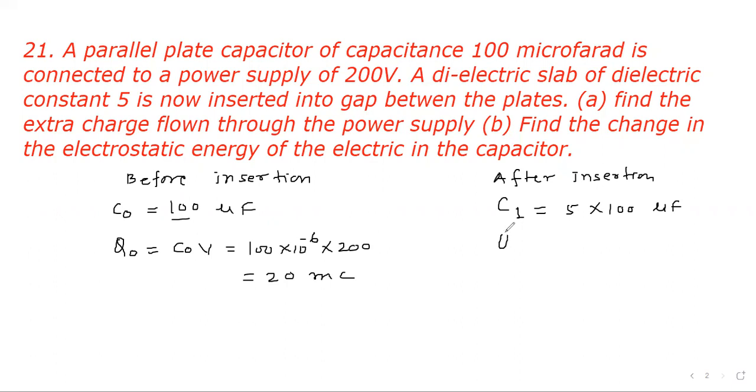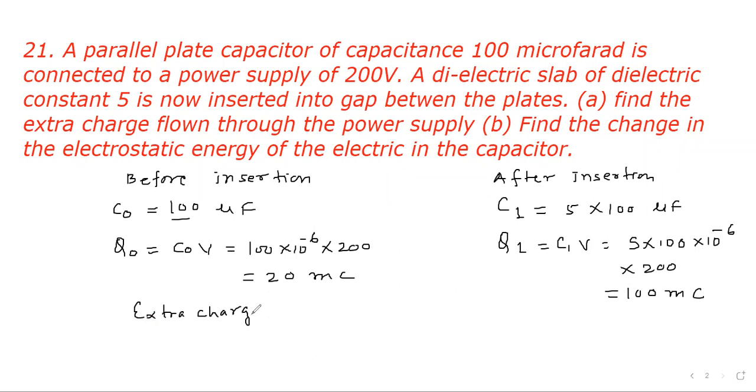And suppose this is Q1, so this is C1 times V. C1 is 5 into 100 into 10 to the power minus 6, into voltage 200. So this will give 100 millicoulomb.